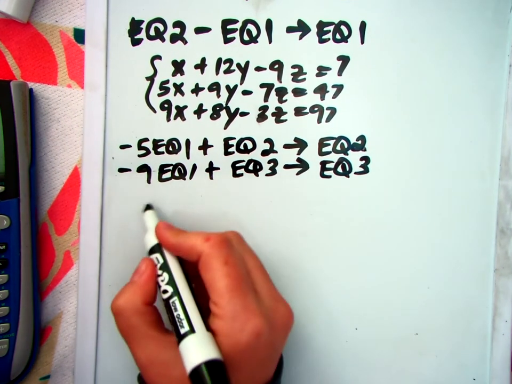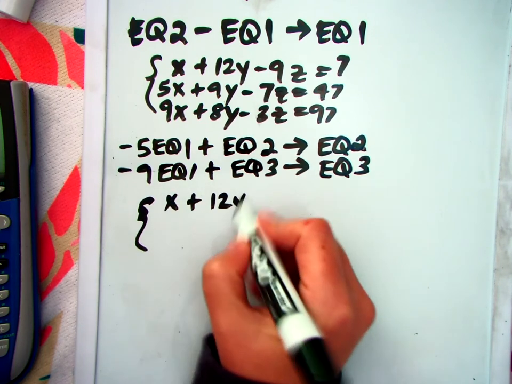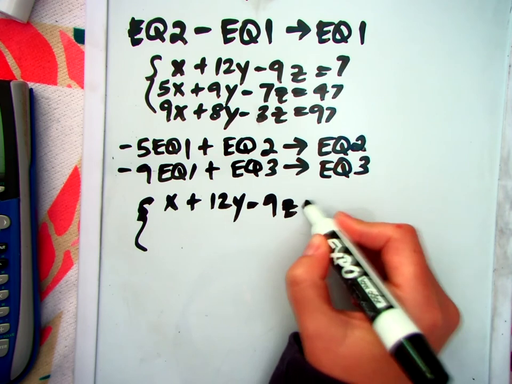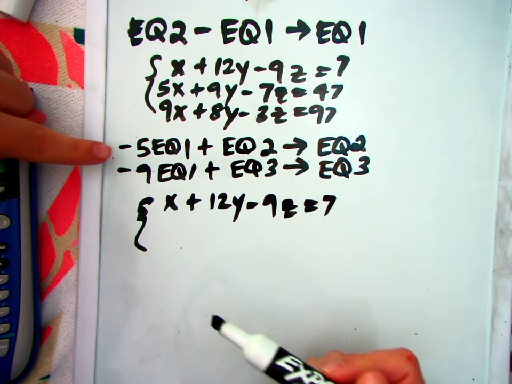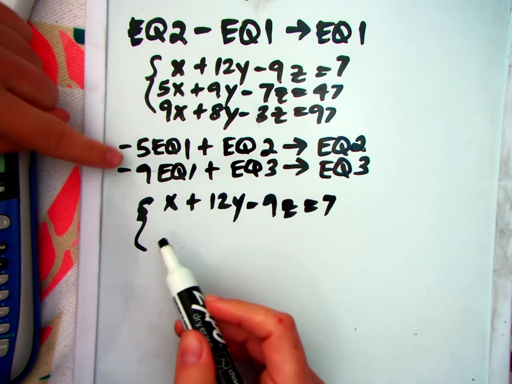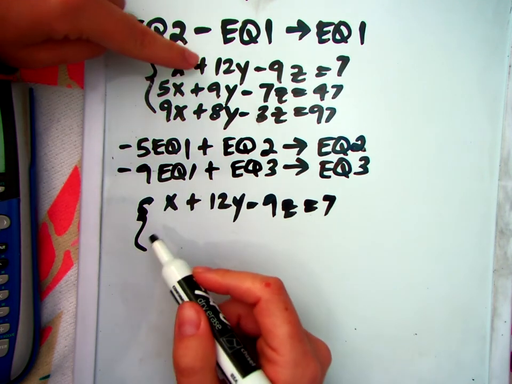All right, so the new system, I'm not changing equation 1. See, these are the only two new ones. So negative 5 times this plus equation 2 is what I'm going to write now. Negative 5 times 1 plus 5, x's go away.